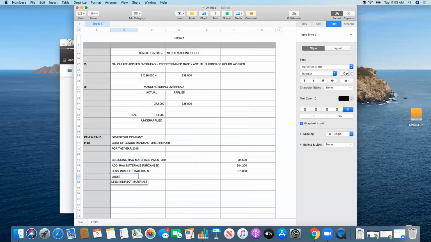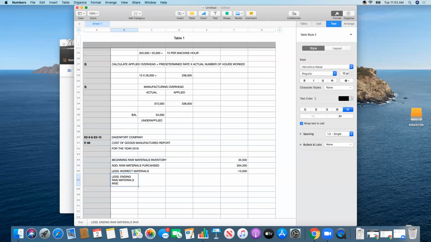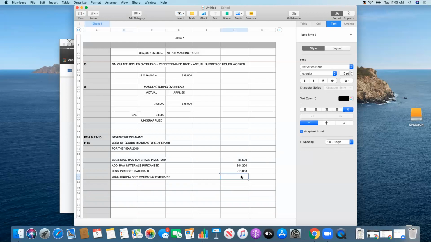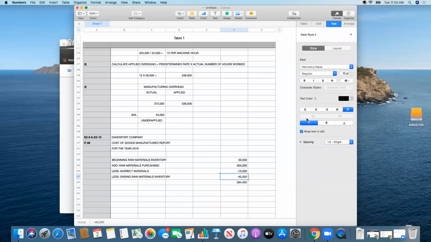Okay. Less ending raw materials inventory, $40,250. Now, if I do that math, I get $284,450, right?